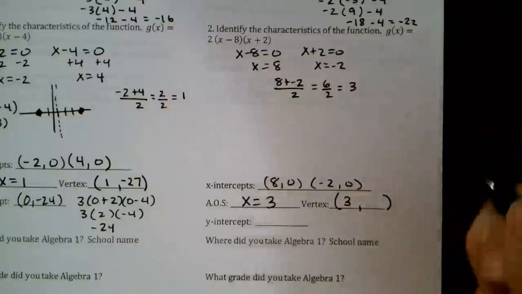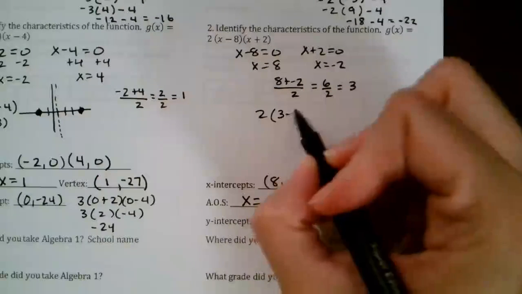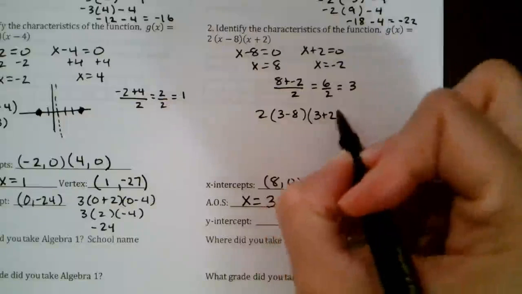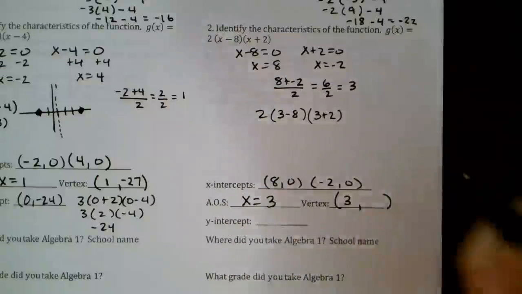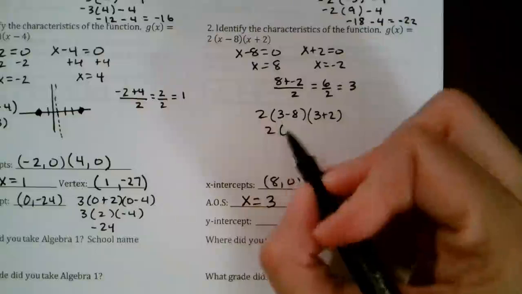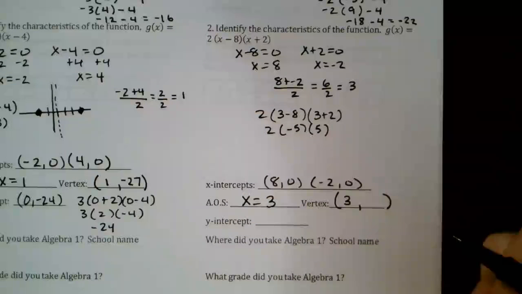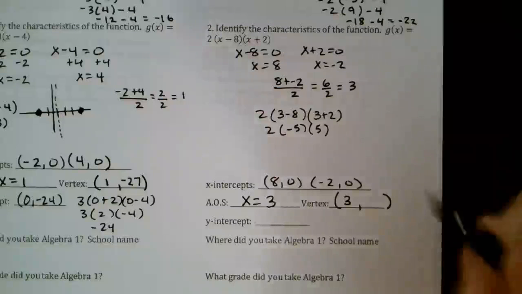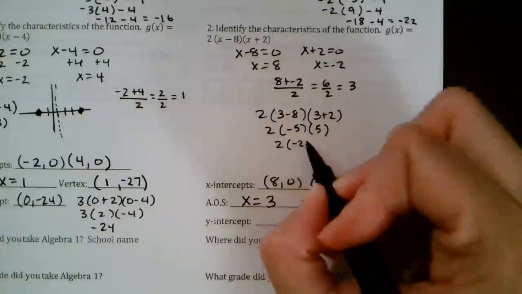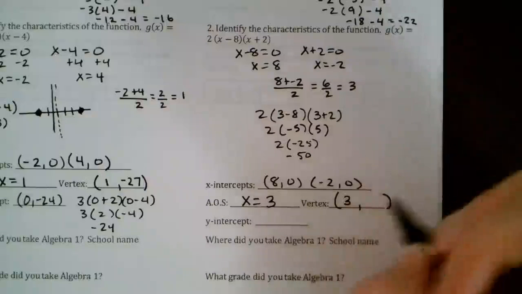We plug in that x value, and we can figure out our y value. So order of operations says do what's inside the parentheses first. And we get negative 50.